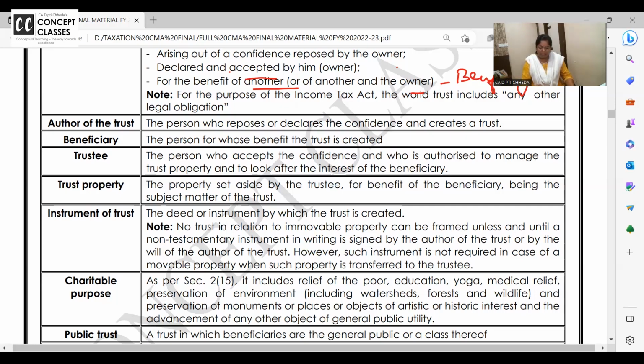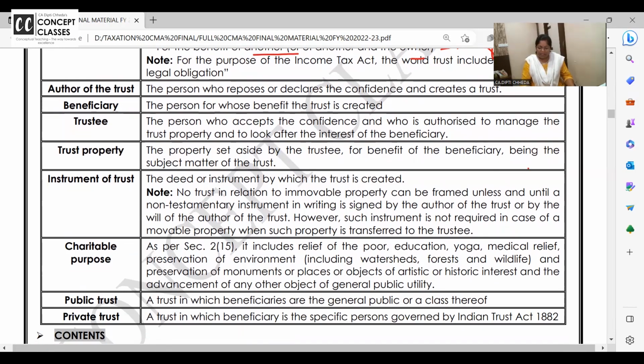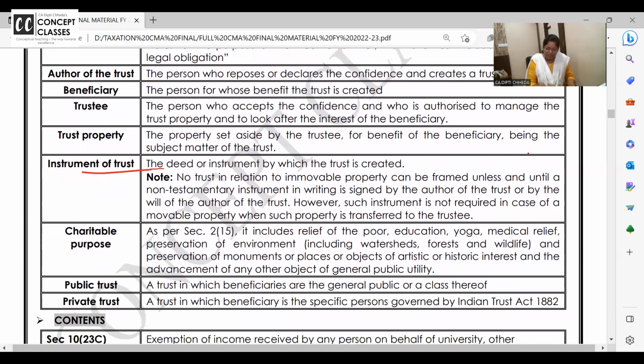Beneficiaries for whose benefit; trustee who accepts the confidence; trust property which is set aside for the benefit of the members; and the instrument of the trust, I call it the trust deed. In cooperative societies we call it bylaws. In companies we call it articles of association, where all rules are given.